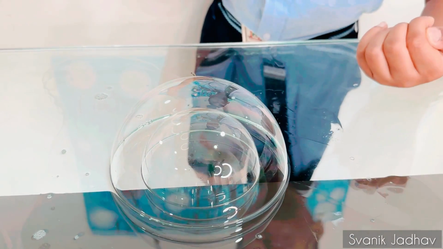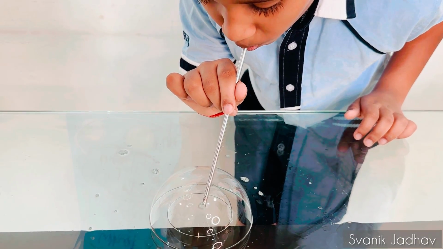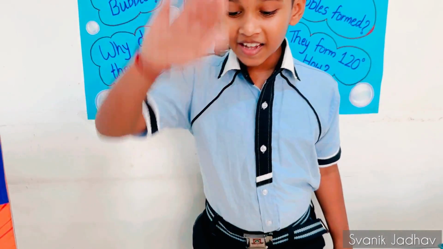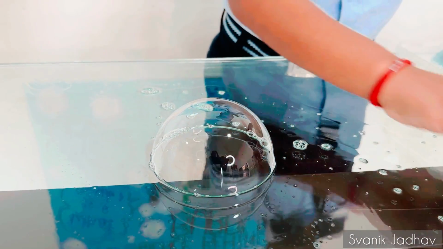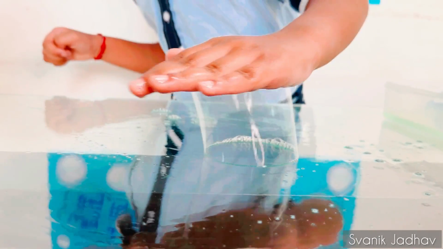See, it's a bubble inside a bubble. Look, I made a bubble inside a bubble inside a bubble. It looks so good. So now, let me make a dancing bubble. Look, the bubble is dancing. Tan, tan, tan, tan.